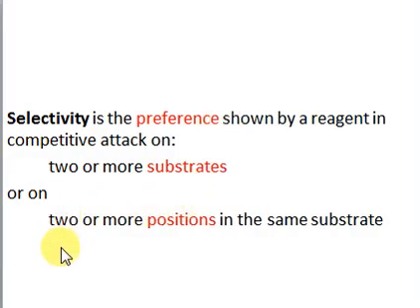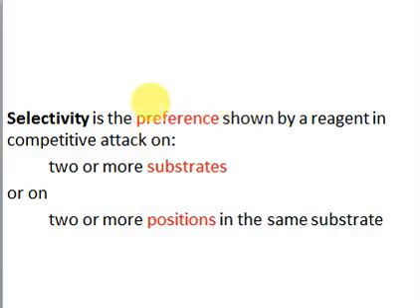For example, if you have two substrates available and a reagent is preferentially attacking one substrate over the other, it doesn't mean that the reagent is not attacking both substrates. It means that the reagent is attacking both substrates, but preferentially attacking one, resulting in formation of one product in more amount and the other product in a lesser amount.